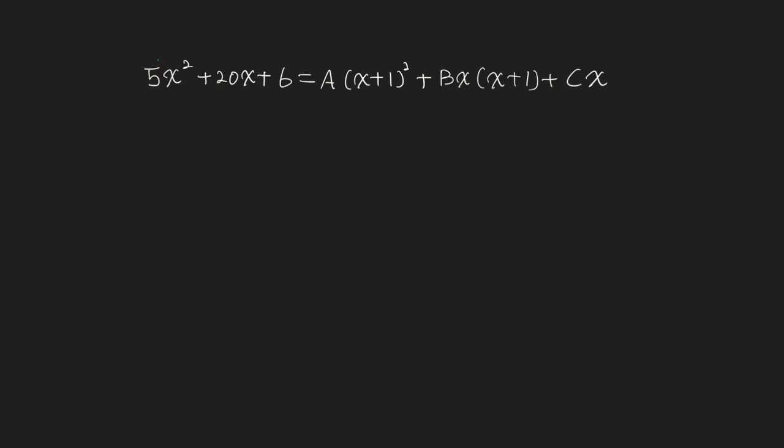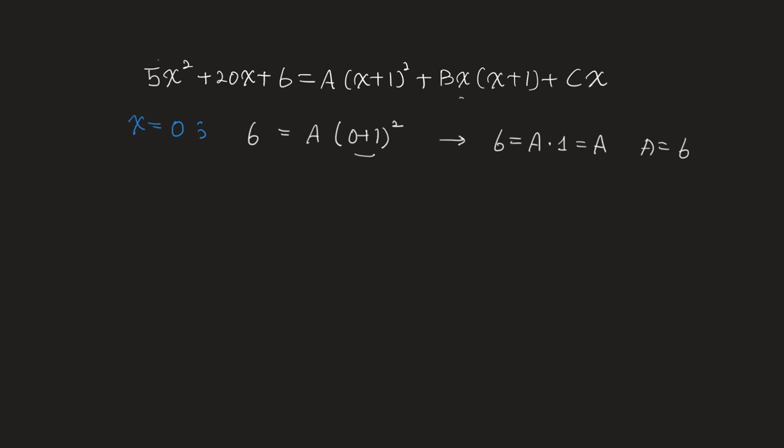You can plug in any number, but we have to be more efficient. So I'm going to plug in x equals 0 first. What happens on the left side? It's 6. On the right side, A times (0 + 1) squared, and the other two terms are 0. So 6 equals A, since 1 squared is 1. You find A equals 6, the first variable.